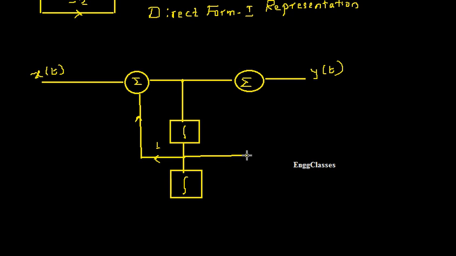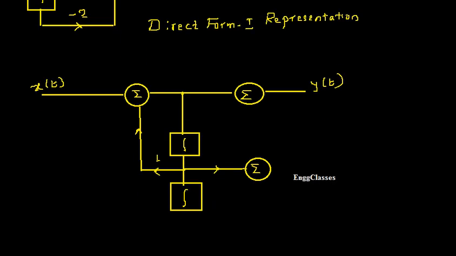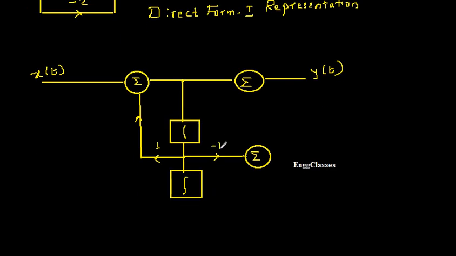Here I would sketch that, and at this position I'm going to have one adder over here. So just let me sketch that adder here. Yes, I would write an adder. And what is the multiplying factor? Multiplying factor is going to be minus 1. That is the scaling factor. And after the second integration, I need to consider again the multiplying factor as the next term, that is minus 2.